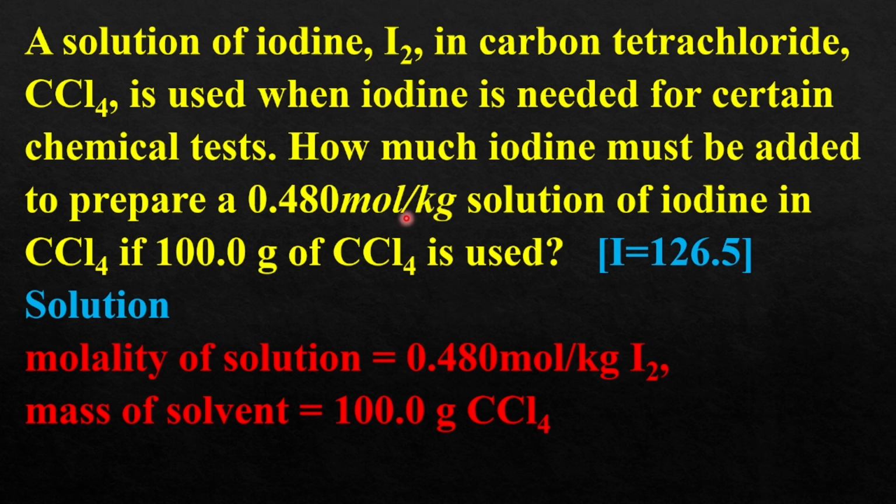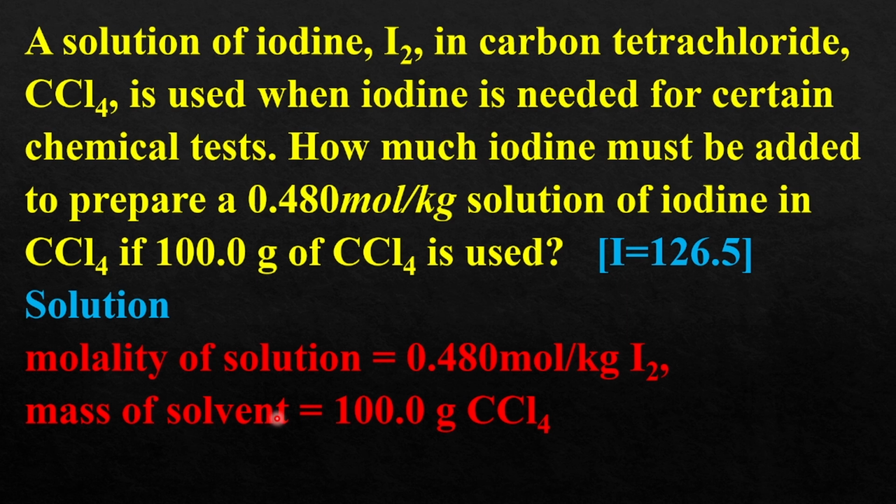How can we determine the solvent? The question said something that we can take from here. That is 100 grams of CCl4. So it tells you that the 100 grams here is the mass of the solvent. So CCl4 is acting as the solvent. Alright, so we have molarity equal to 0.480 mole per kg, and that is for I2, iodine.